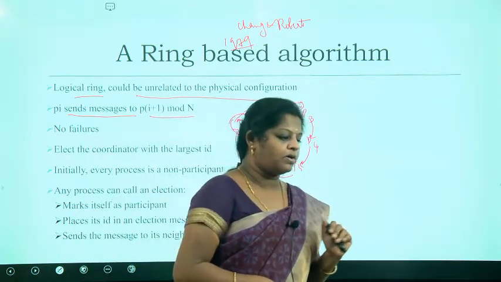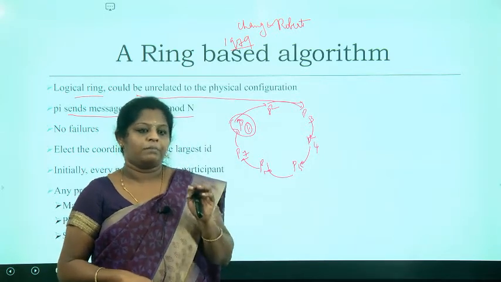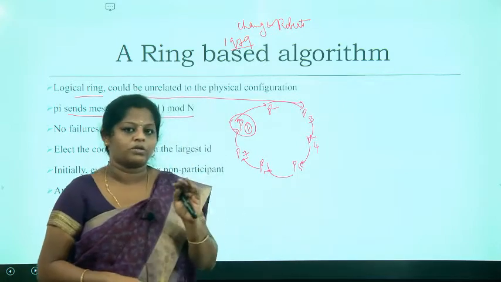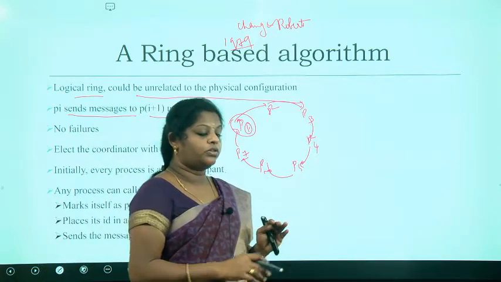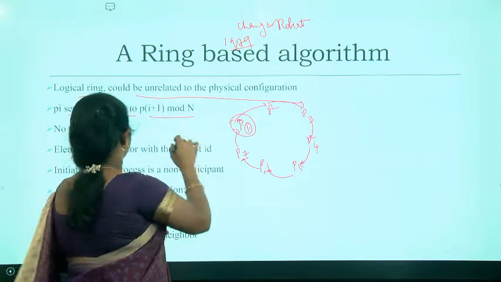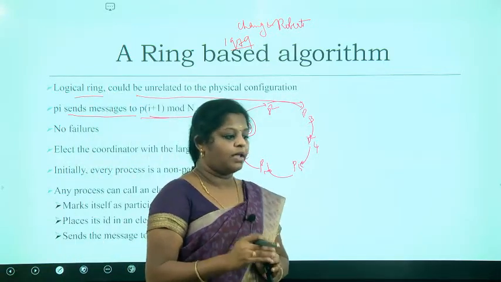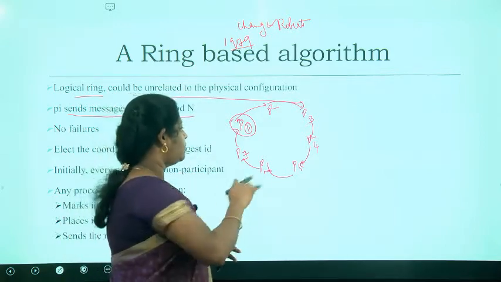Each process Pi has a communication channel to the next process in the ring, Pi plus 1 mod n, and all the messages are sent in the clockwise direction around the ring.